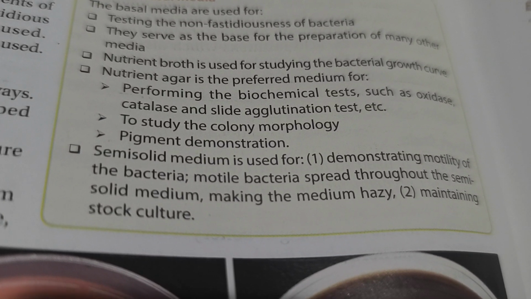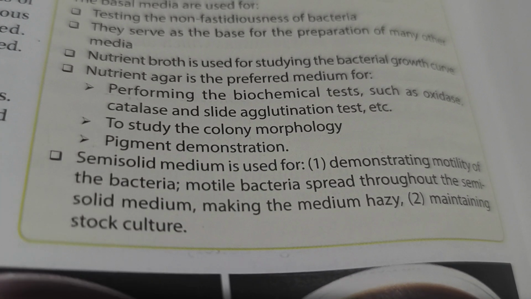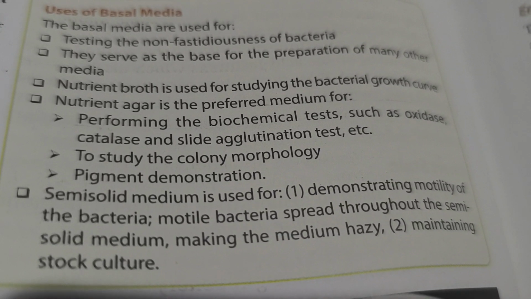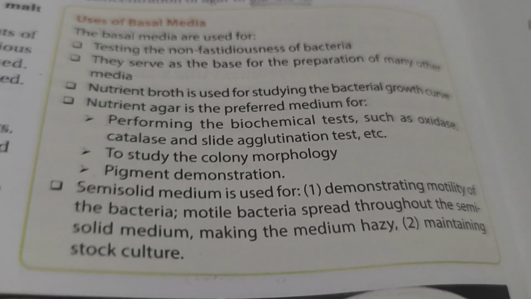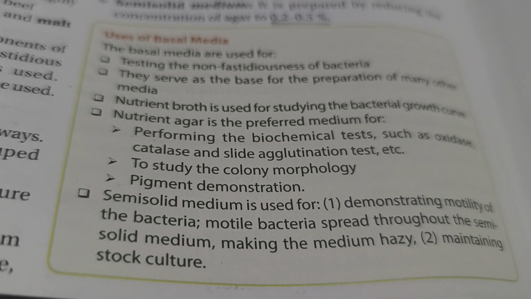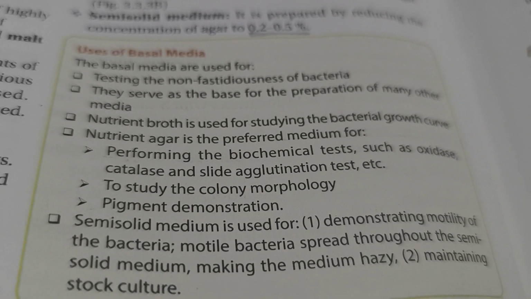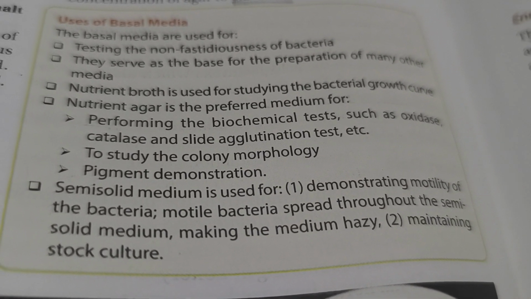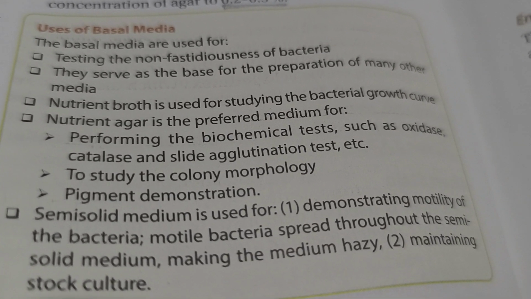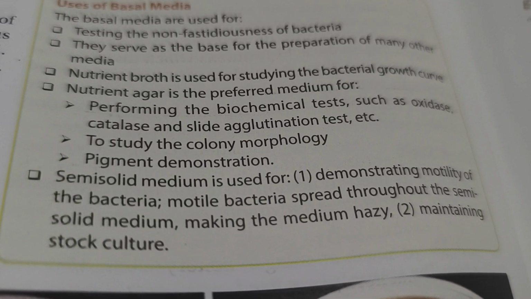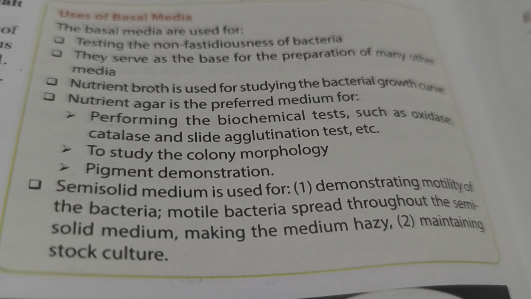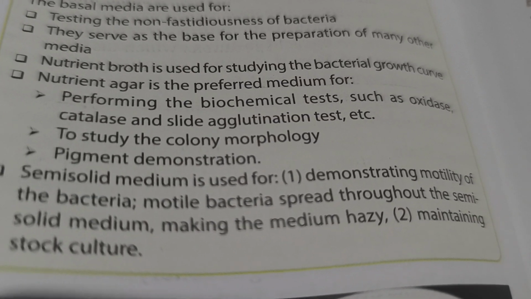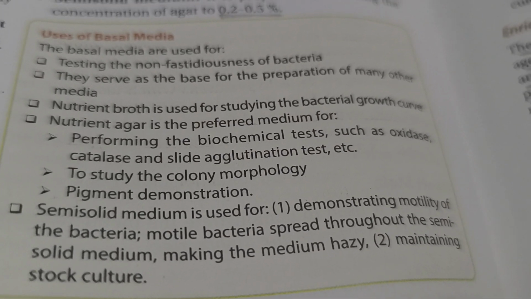Nutrient agar is the preferred media for performing biochemical tests such as oxidase, catalase, slide agglutination test, etc., to study colony morphology, pigment demonstration. Semi-solid media is used for demonstrating motility of the bacteria. Motile bacteria spread throughout the semi-solid media, making the medium hazy, and for maintaining the stock culture.